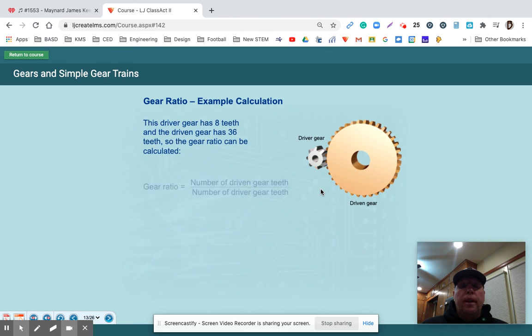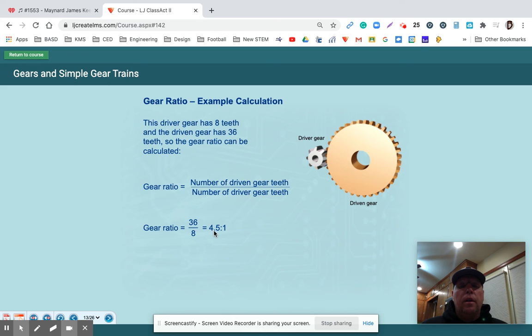The driver gear has 8 teeth and the driven gear has 36 teeth. So the gear ratio can be calculated. Number of driven gear teeth over number of driver gear teeth. So I'm going to take my driven, 36 over 8.